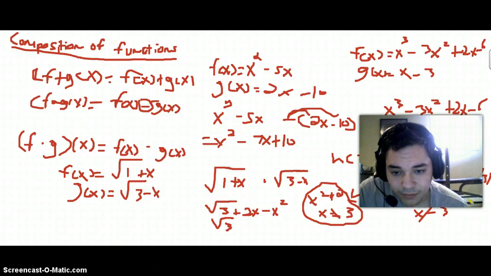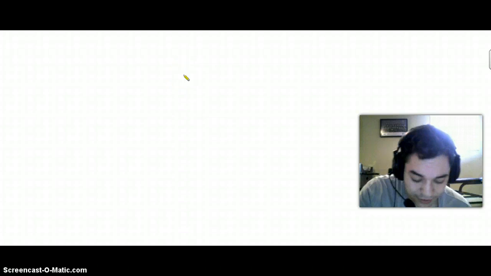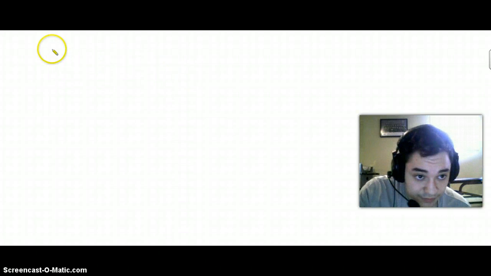So from here we're going to clear the board, and now we're actually going to go into the actual composition of functions instead of just adding, subtracting, multiplying, dividing. And this is just simple substitution of a function into another.